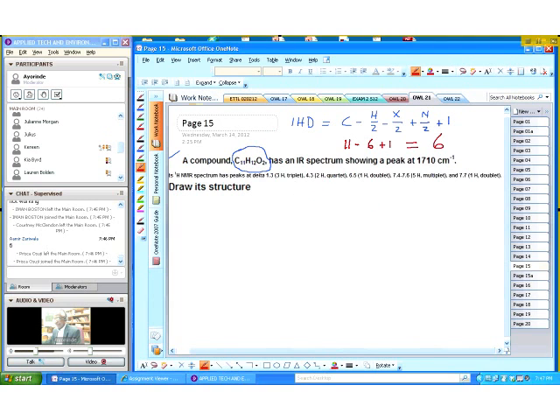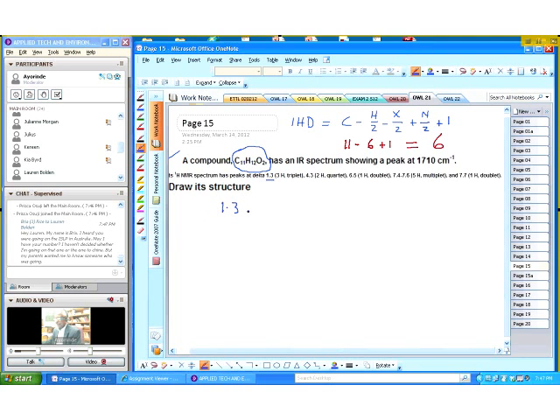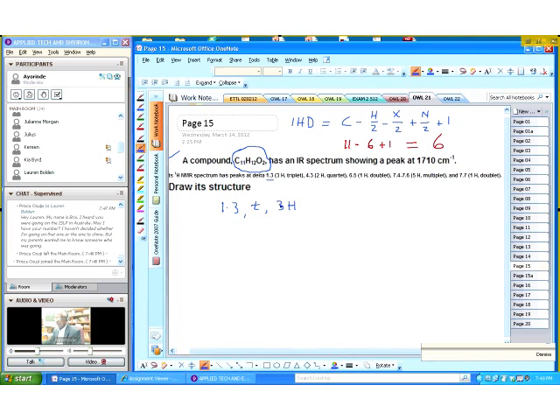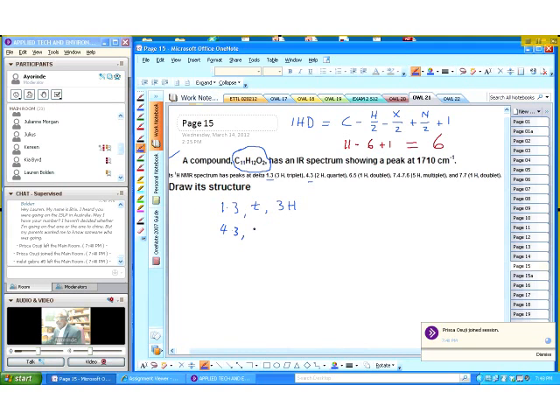Now let's look at the NMR data. I'm going to write the NMR data in a tabular form. 1.3, triplet, 3 hydrogen. Once we do it this way, it will be much easier for us to see. Then 4.3, quartet, two hydrogen.